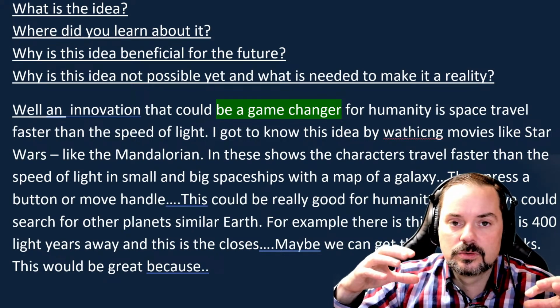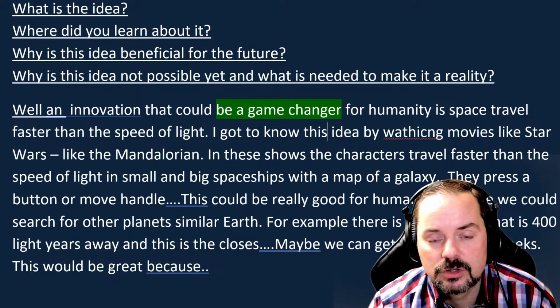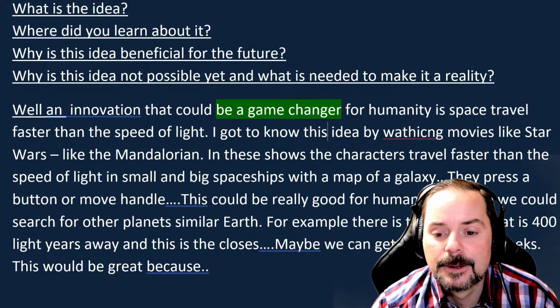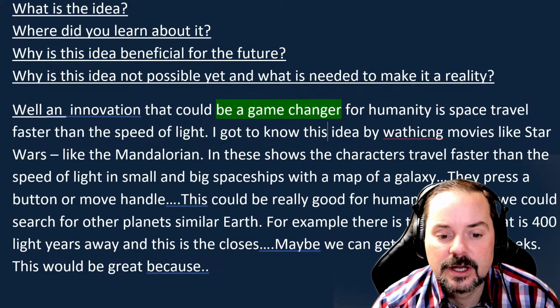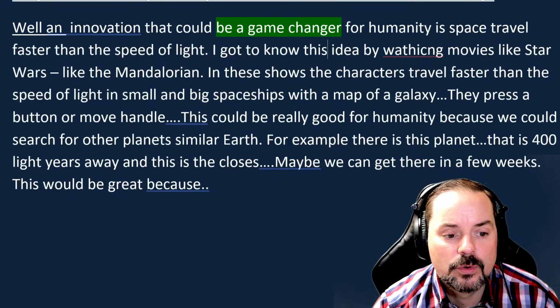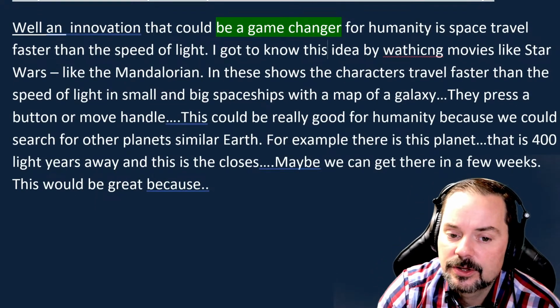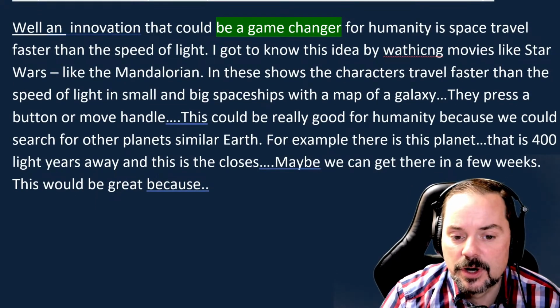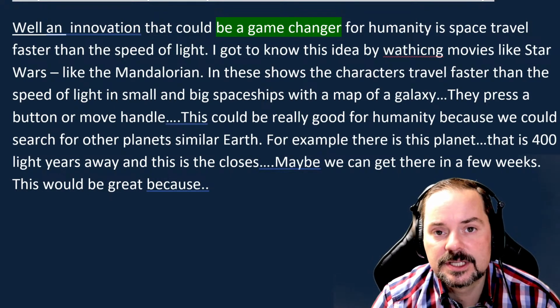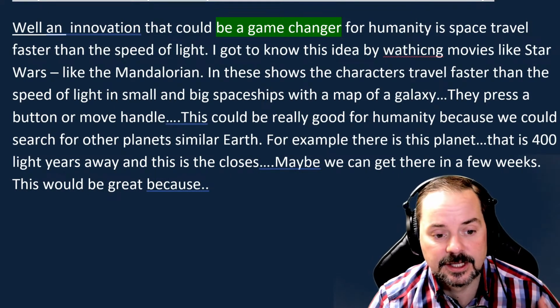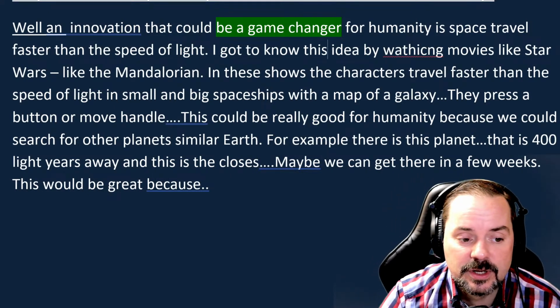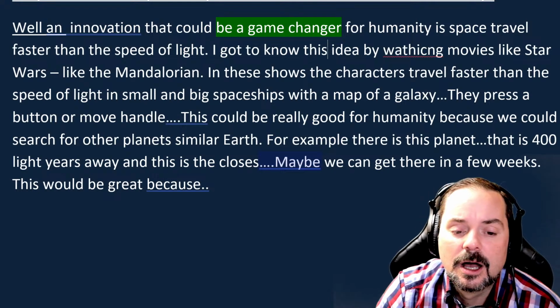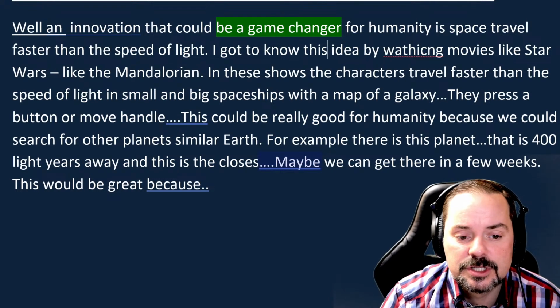Make sure you answer all the questions on the cue card, Juan. So you said we could search for other planets similar to Earth, and that one's 400 light years away. We could be there in a few weeks, even if we don't colonize. I love the use of vocabulary there, colonizing. Then we could get some resources from there.